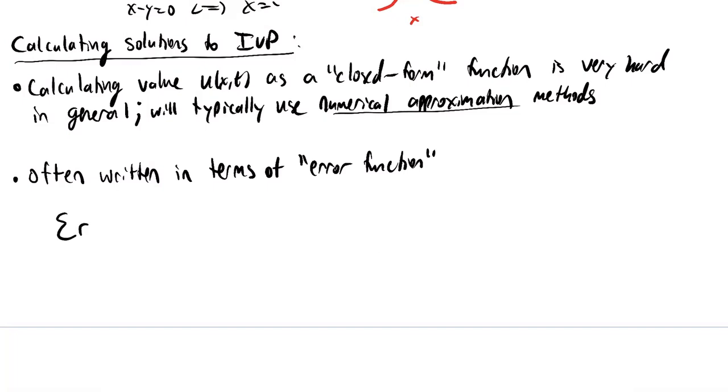It's usually written with a curly E, R F, ER for error and F for function, and evaluated at the point x. There's some constant which is here for normalization purposes, and then you're integrating from 0 to x, and then you have this Gaussian e to the minus p squared, integrating with respect to p.